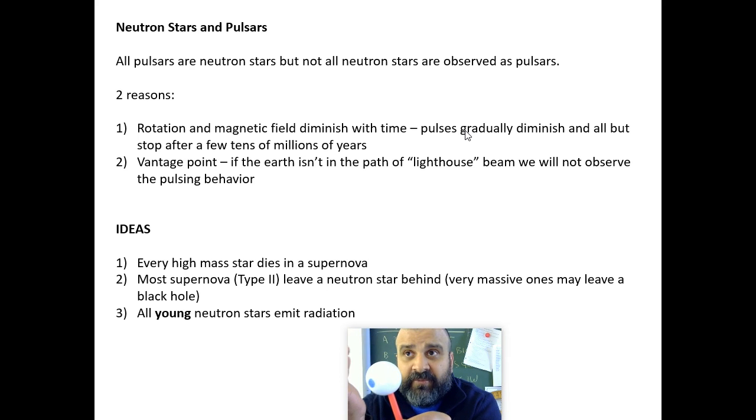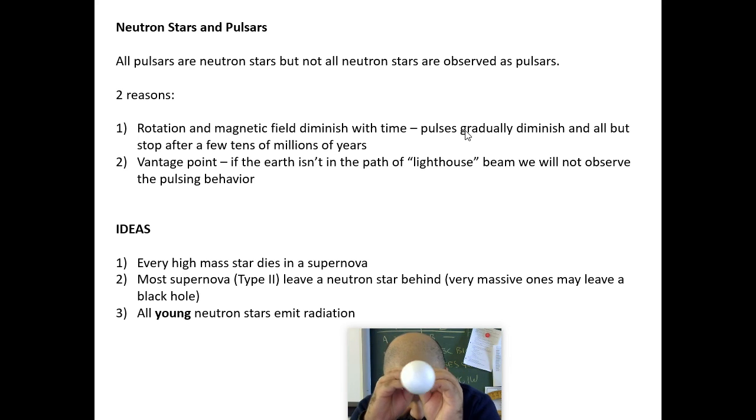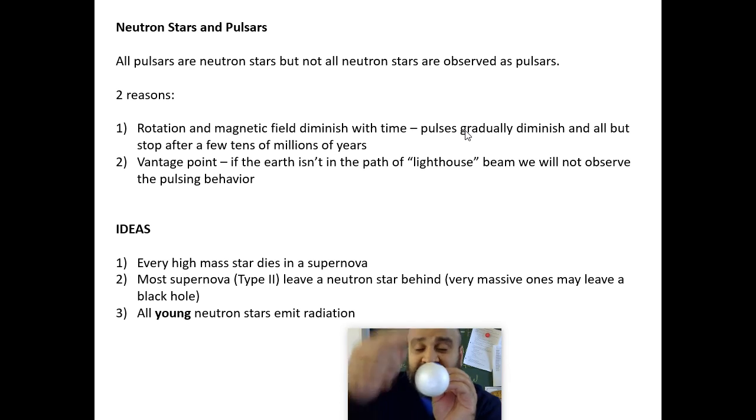The other thing is that with some neutron stars, we can't see them pulse because of the way they're angled. This one's angled so the beam's pointing at the camera. But if it was angled in a different direction, say this way, and it's spinning, the beams are pointing up and down.